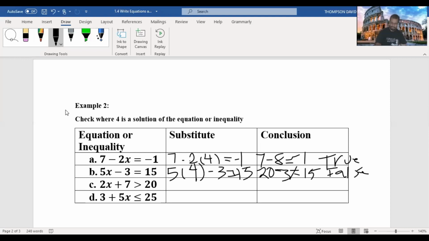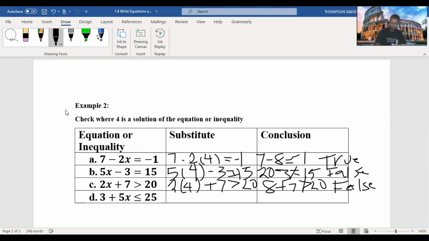Then we try the next one. 2 times 4 plus 7 is greater than or equal to 20. 2 times 4 is 8 plus 7, which is 15, which is not greater than or equal to 20, so that is false.